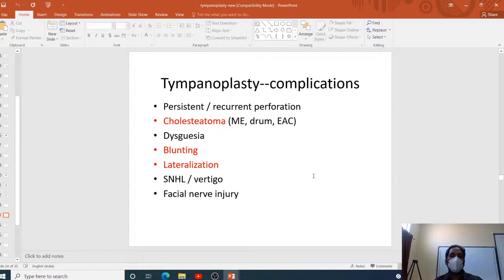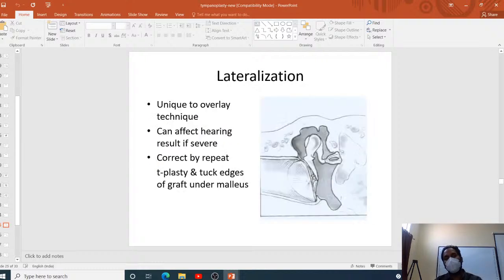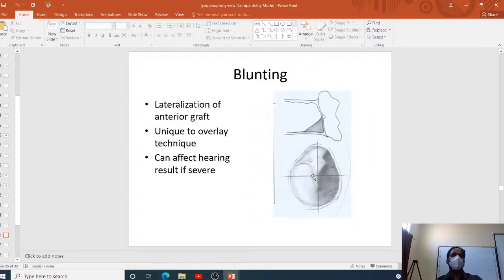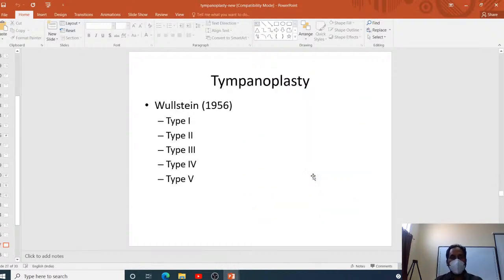The other complications could be cholesteatoma, dysgeusia, blunting and lateralization of the graft, and sensorineural hearing loss or vertigo can occur, and sometimes facial nerve injury or chorda tympani nerve injury can occur. These are the complications of tympanoplasty: lateralization, blunting, and they can ask you about the types of tympanoplasties.